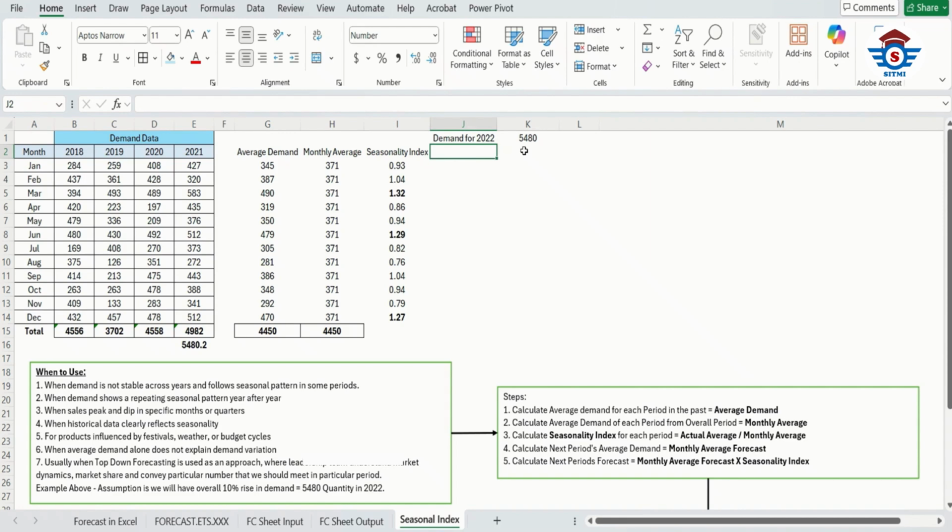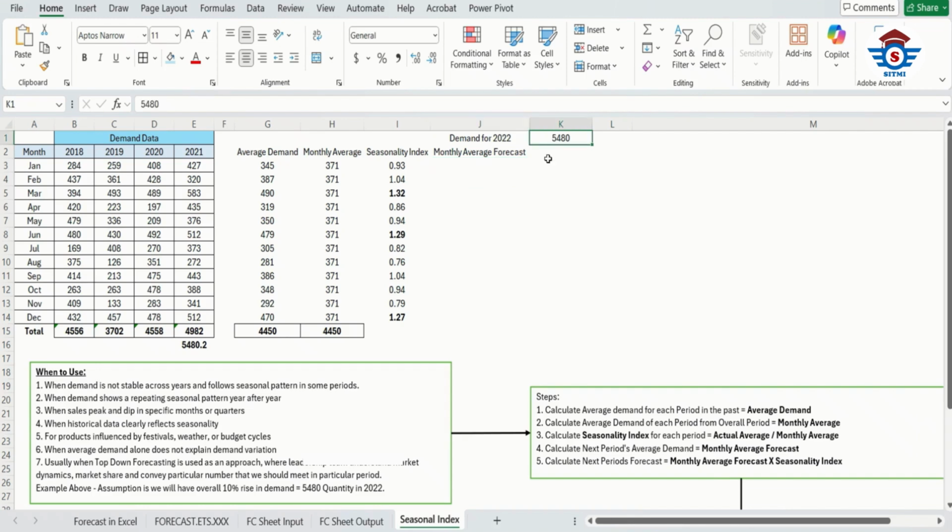Now we will calculate the monthly average forecast. It is simple: if our demand is 5,480 for the entire year, the monthly average forecast will be dividing it by 12. So I will just lock this particular cell. 5,480 is yearly demand, but this is spread across 12 months.